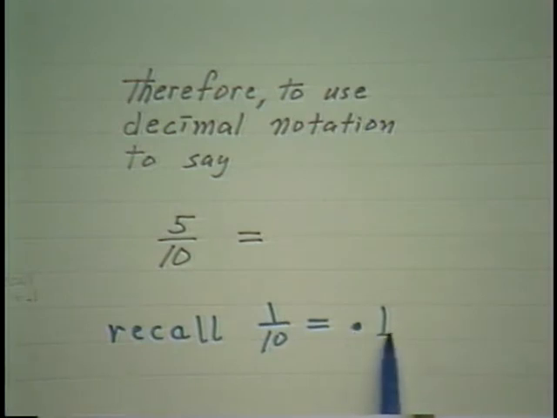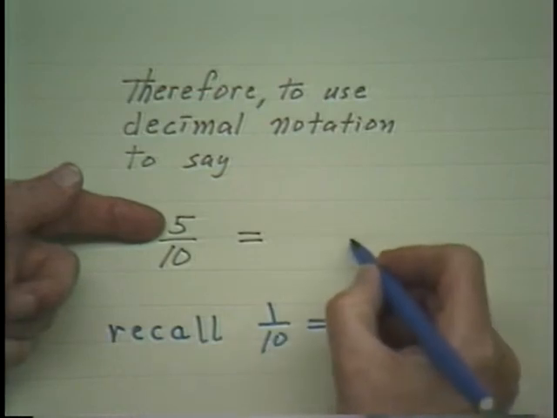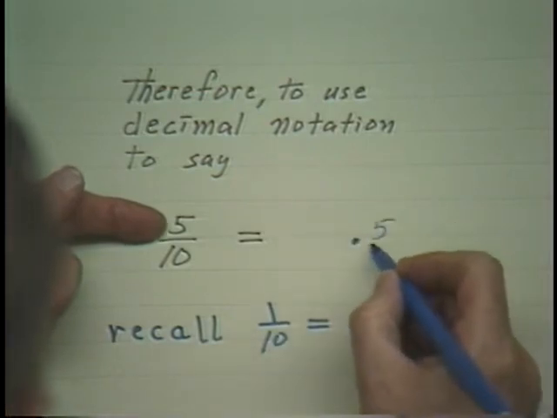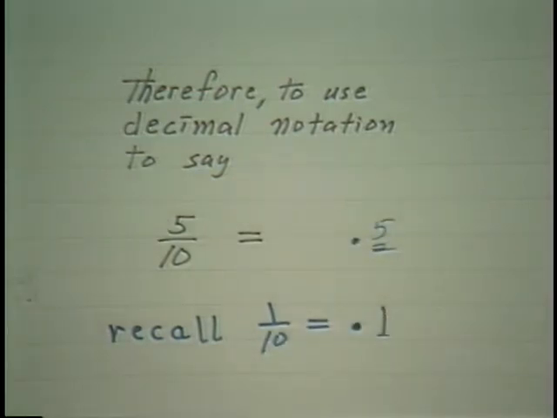Therefore, if we wanted to write this fraction using that notation, we recall that 1/10 is that first position after or to the right of the decimal point. Now, if I want 5/10 rather than 1/10, then I put the 5 in that first position, which we'll call the 10ths position.